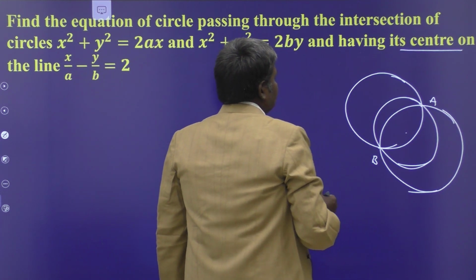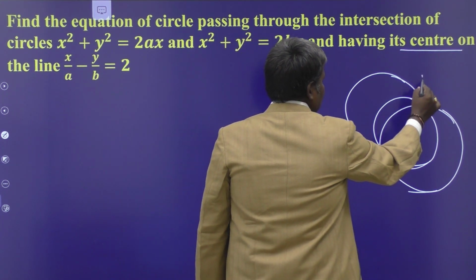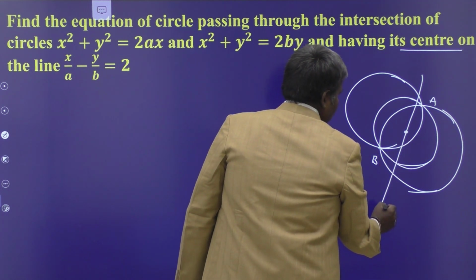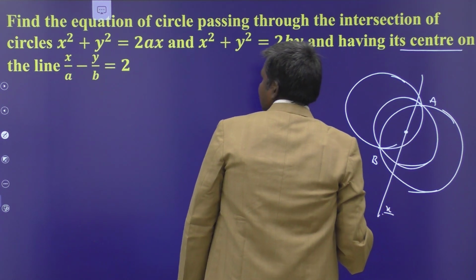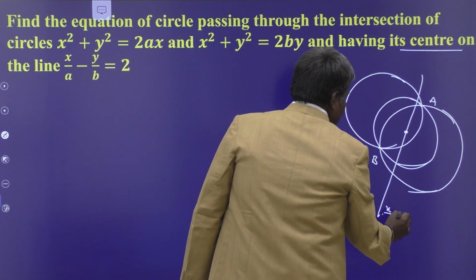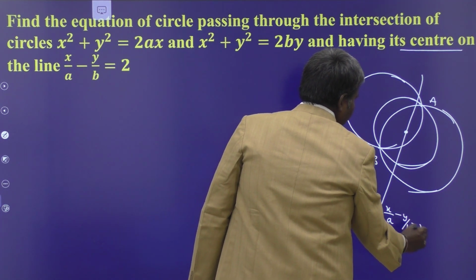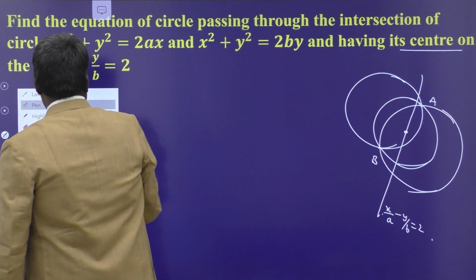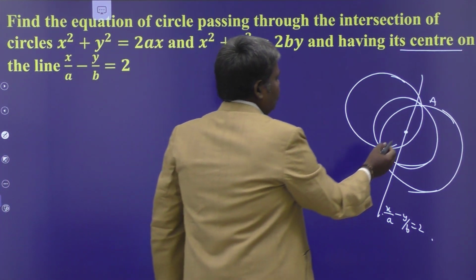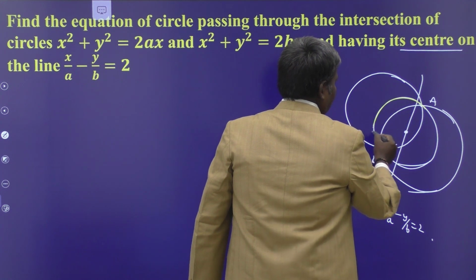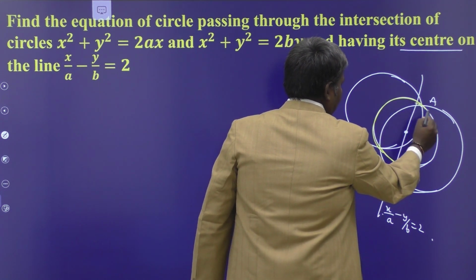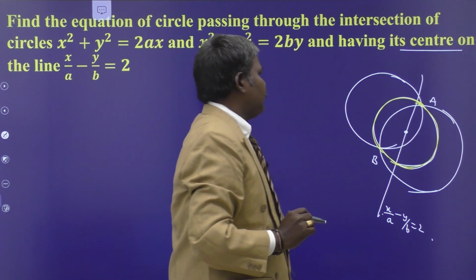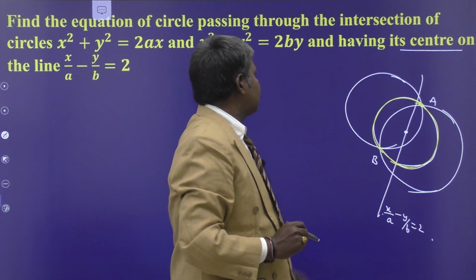If it is your required circle, then immediately your center lies on the given line. This is the line. This is the center. So what is that? Line equation x by a minus y by b is equals to 2. This is your required circle, passing through A comma B. These are the two circles.